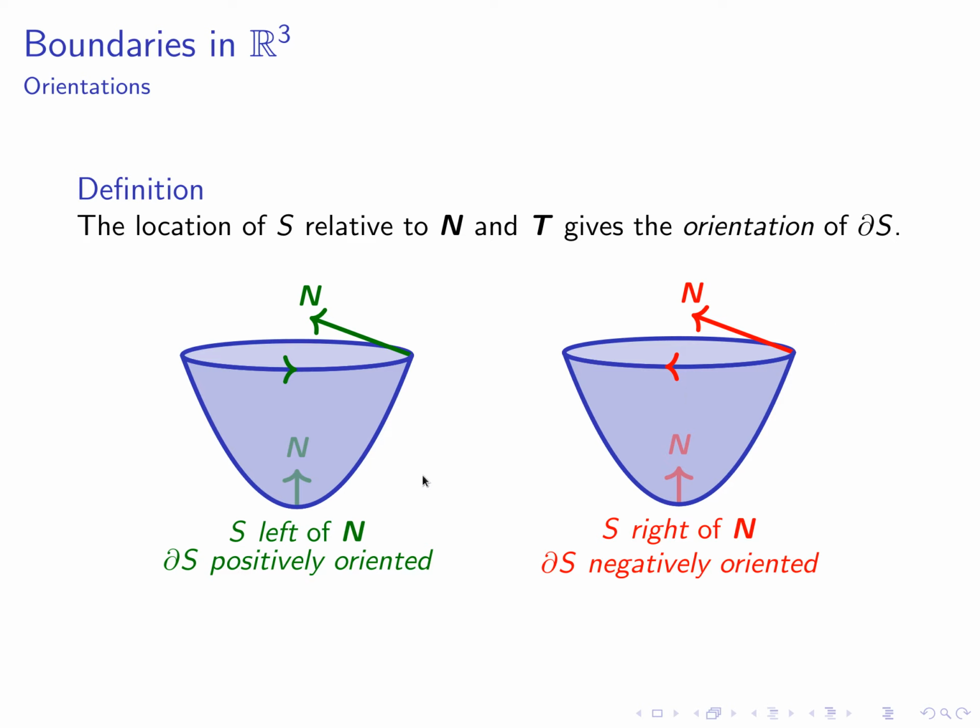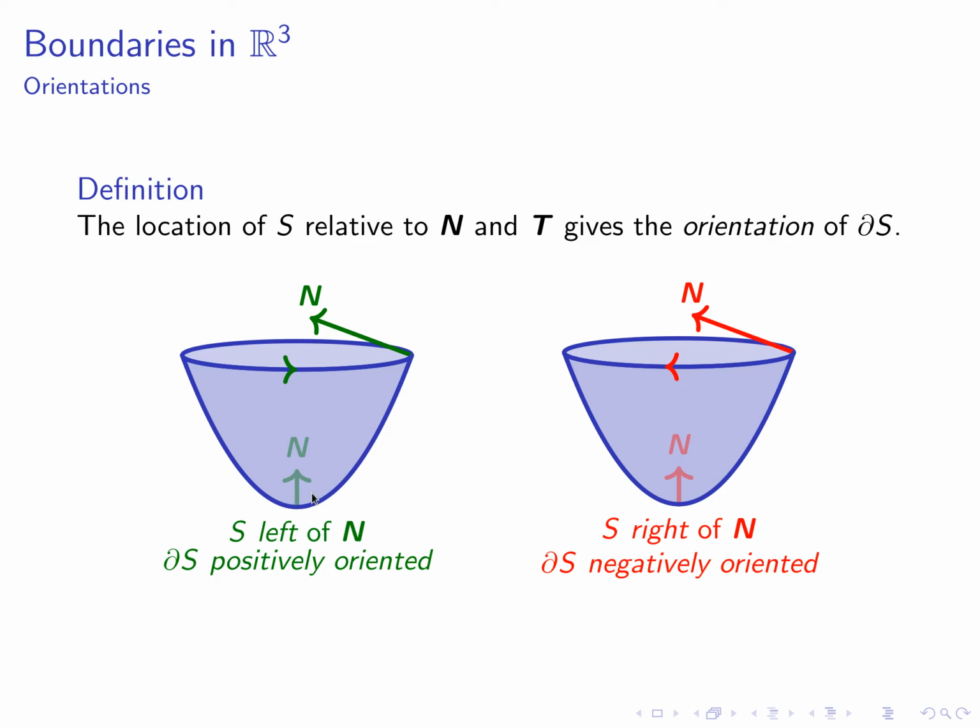So whenever we parameterize a surface, our parameterization defines the standard normal vector. Well, what we do to establish orientation of the boundary is we imagine that the standard normal vector is sort of dragged up to the outer edge. And so here on this figure on the left, we're looking at a paraboloid where the standard normal at the origin is pointing up.